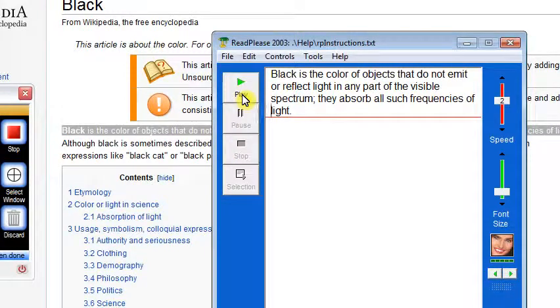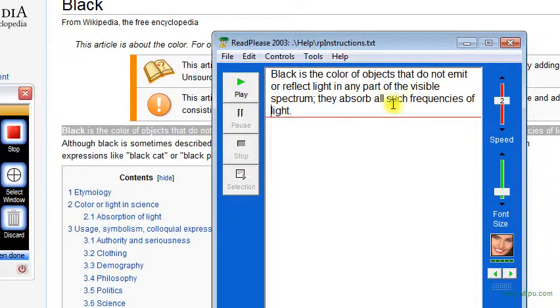See, when we talk about blackness, we're talking about light, we're talking about frequencies of light.